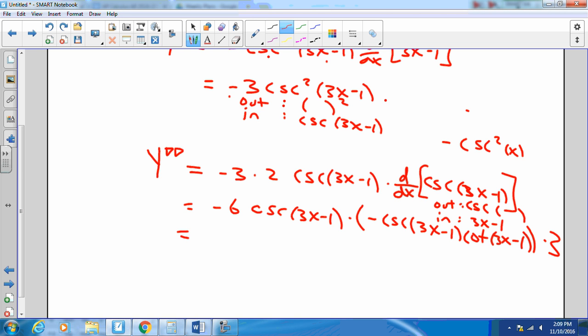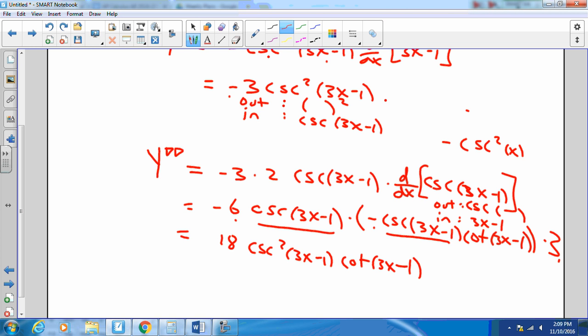Because we're out of time, I'm just going to write it times 3. Come back and clean it up a little bit. Negative 3 times negative 6 is positive 18. We have a factor of cosecant and another factor of cosecant, and we have a factor of cotangent of 3x. Ooh, that was exciting.